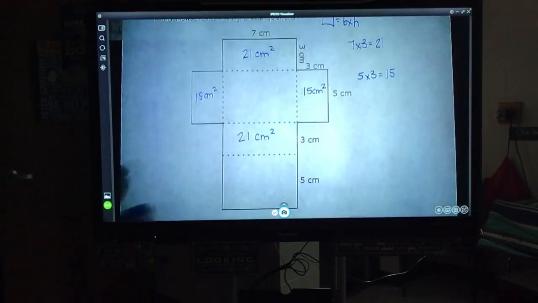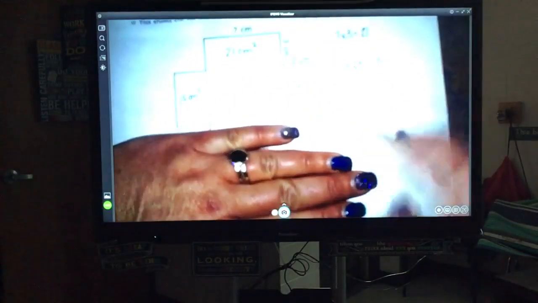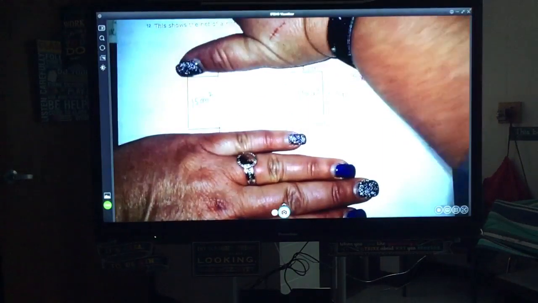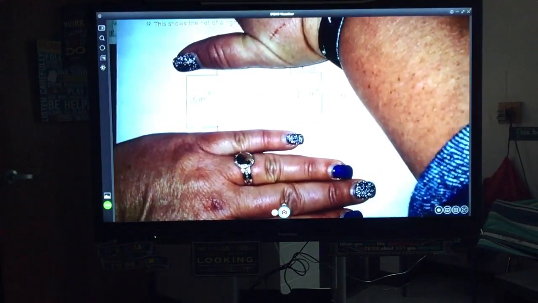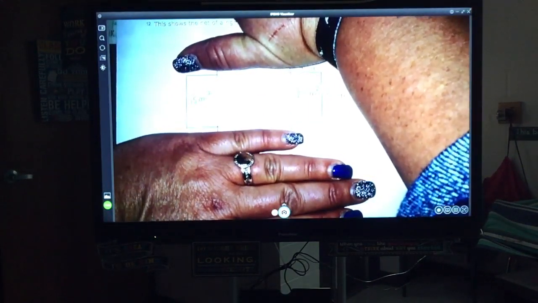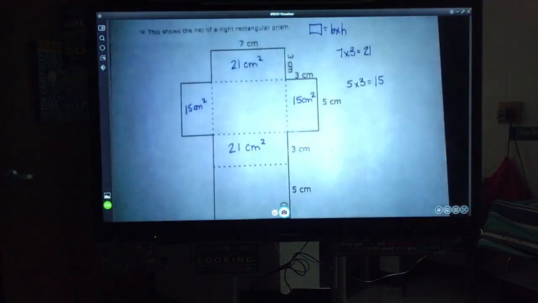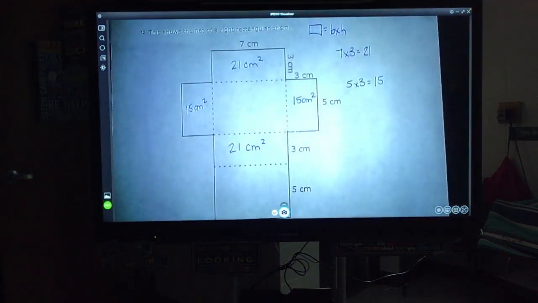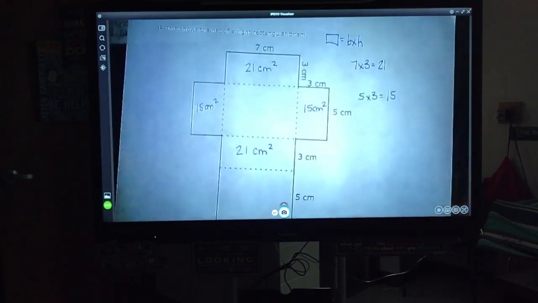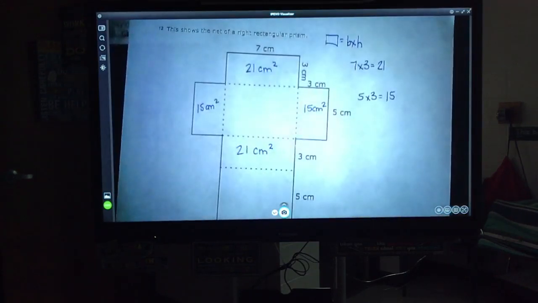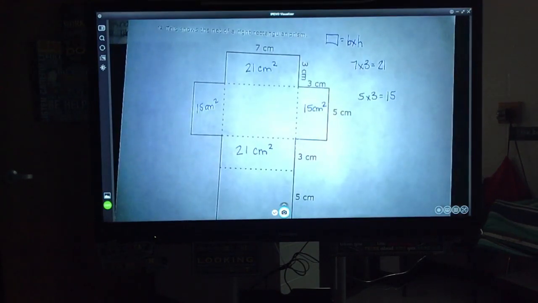Now, this last one is a little bit more difficult because technically, you don't have any numbers, do you? But we have to use the characteristics of a rectangle. What do we know about the opposite sides of a rectangle? Noah. They're equal.